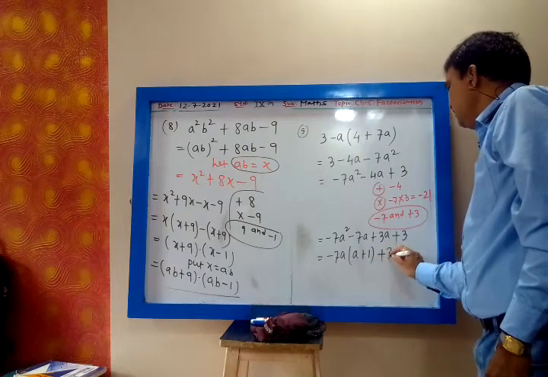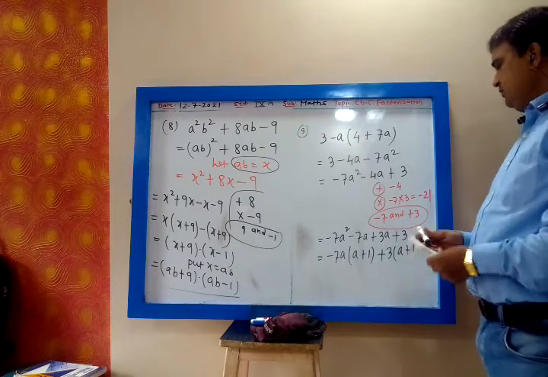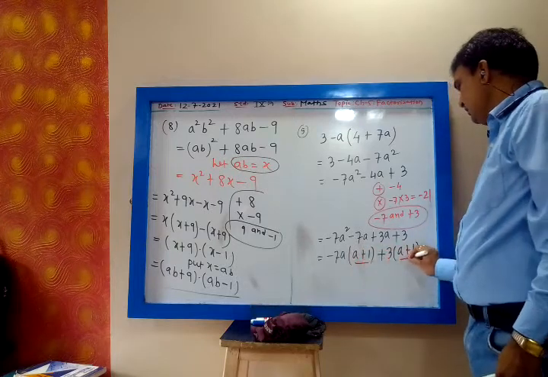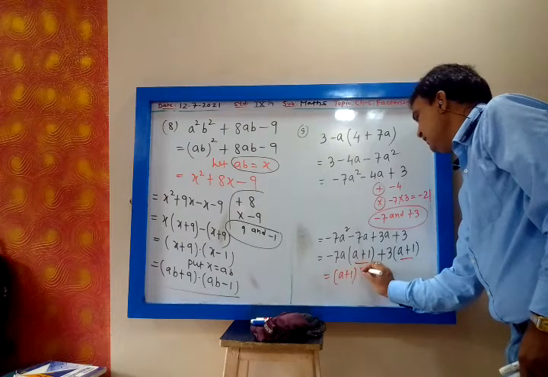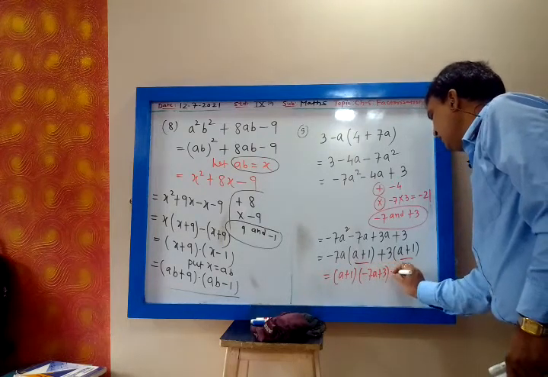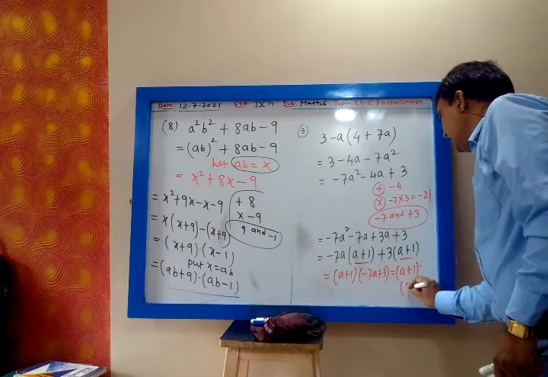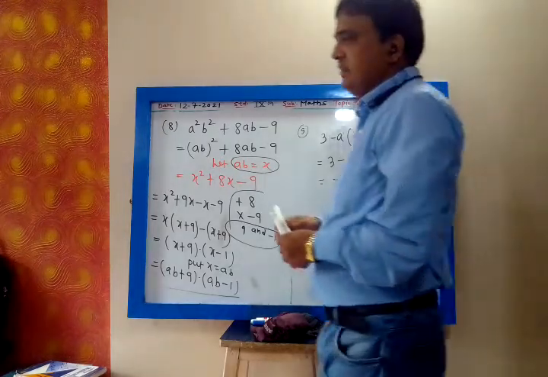Plus 3 is common, then it is a plus 1. A plus 1 is common, then it is a plus 1 into minus 7a plus 3, which you can write a plus 1 into 3 minus 7a. And this is the factorization.